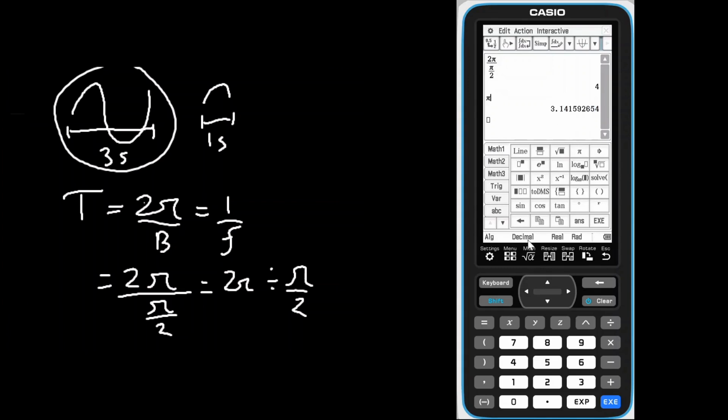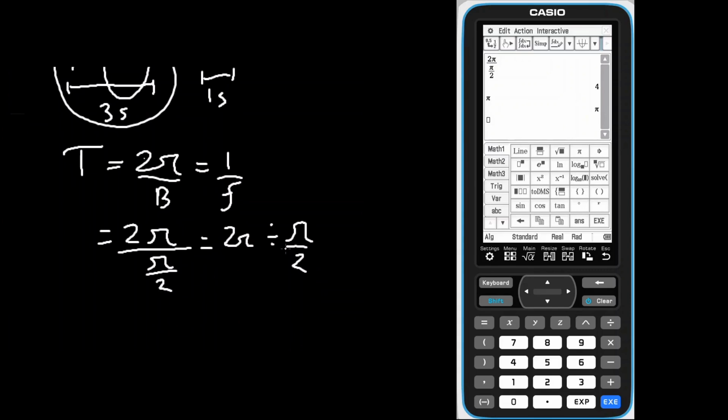But if you put it into standard, you don't get that occurring. So it's equal to 4. So our period here is equal to 4. That is in seconds from the question here. There you go. That's the answer to part B.